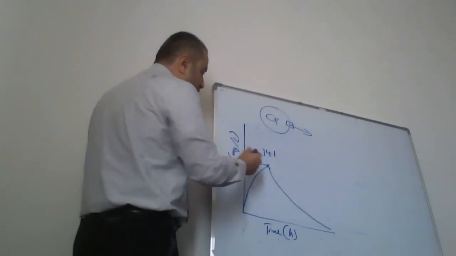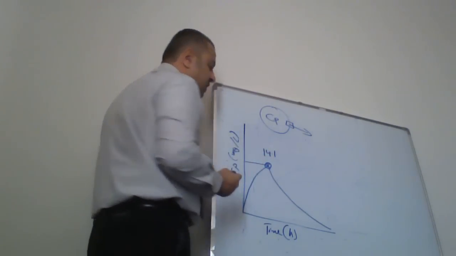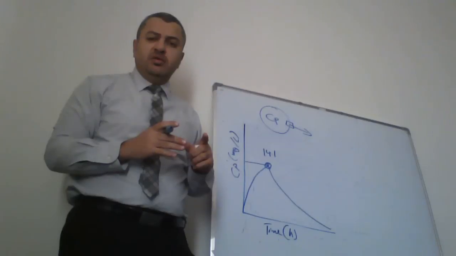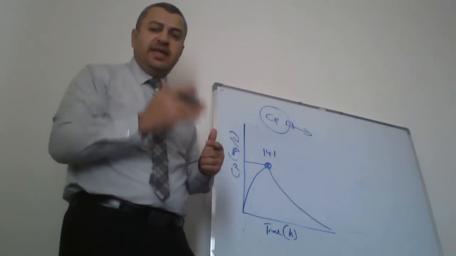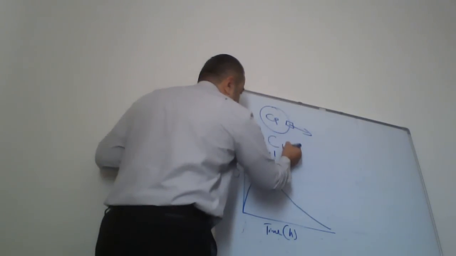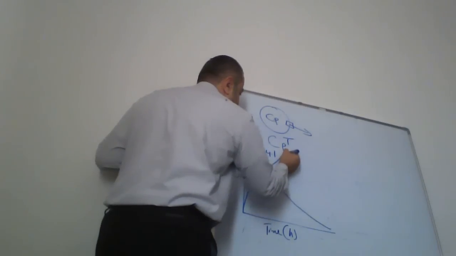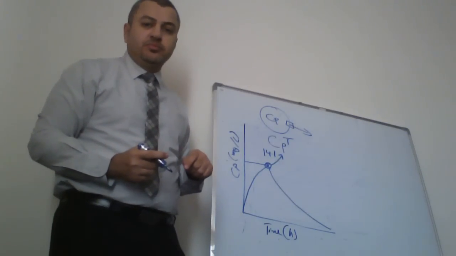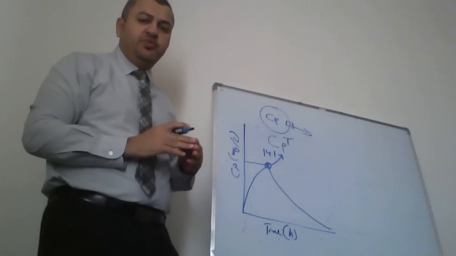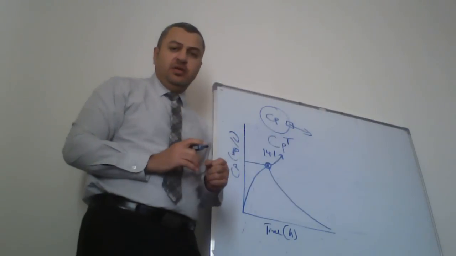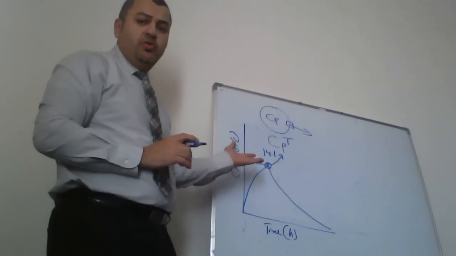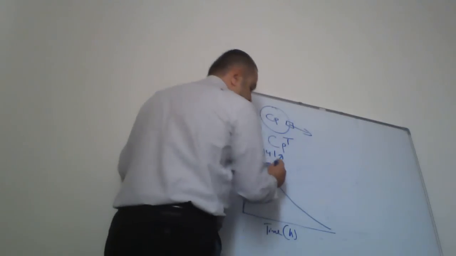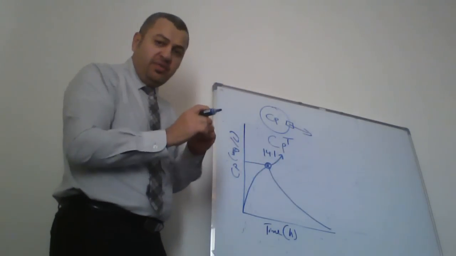Now this point when you stop is a special point. I will call it CP, but I will give it T capital, just to say that this is the last point when you stopped. The last point in concentration when you stop, CPT capital. Now, how do you know what is your CPT capital? Of course, it is because it is the last point in the infusion.